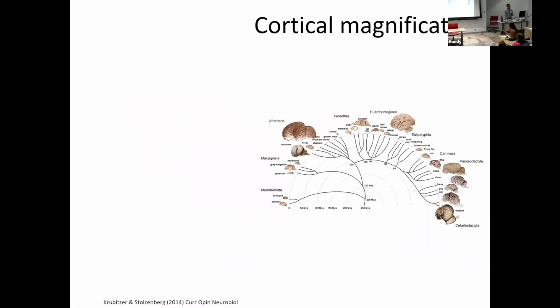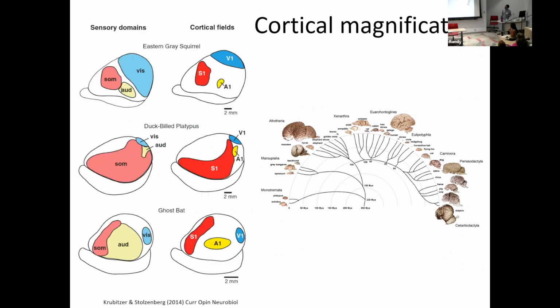One example factor that is largely determined by evolutionary genetics is the relative sizes of sensory domains in the cortex. Each of these is one hemisphere of an animal, schematically showing the relative proportion of the cortex devoted to processing different sensory domains across 3 species.